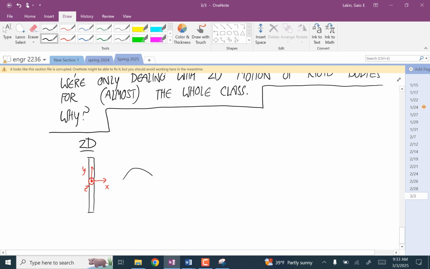Then some amount of time goes by, and now the body is oriented like this, and our coordinate system is this.